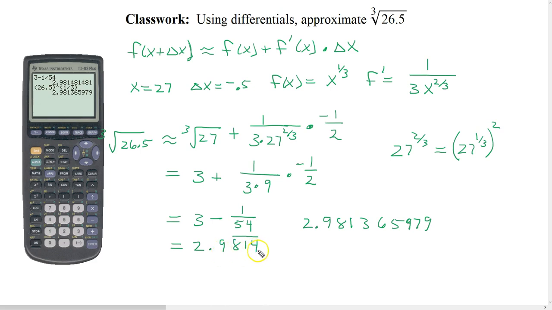So we see that our first difference is at the 4th decimal place. So this is a pretty good approximation here. And that concludes our discussion of differentials.